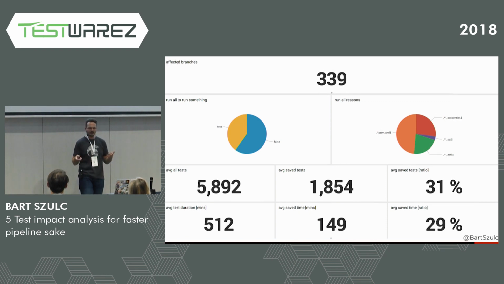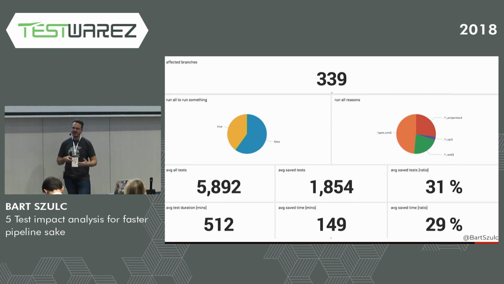Or for instance, when we are changing some other XMLs, or some kind of SQLs where we keep test data, we still don't know how that test data is linked to the tests that we have. So sometimes we need to run all the tests. But there are ways to optimize that, and we are probably going to work on that and even improve the numbers.